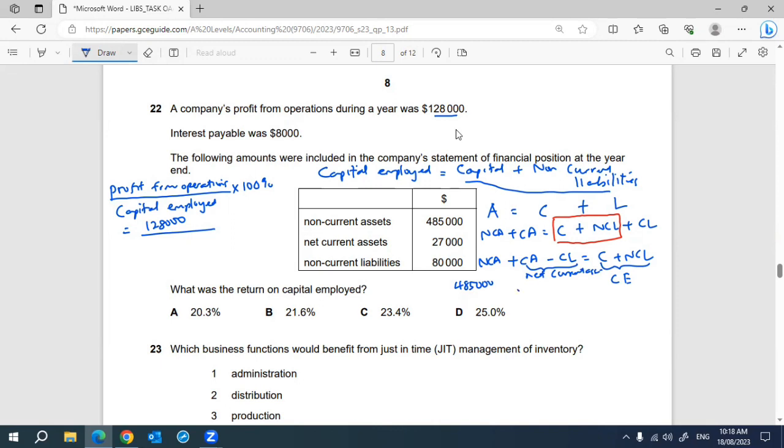So that would be 27,000. Therefore, the capital employed would be 485,000 plus 27,000, which is 512,000. That is what our denominator is going to be here. And therefore, the answer comes round to 25%. So therefore, the correct answer is D.